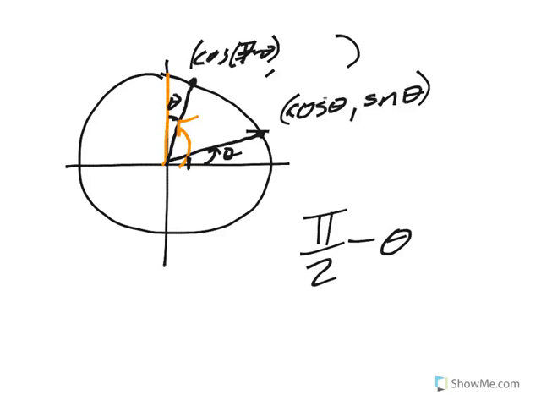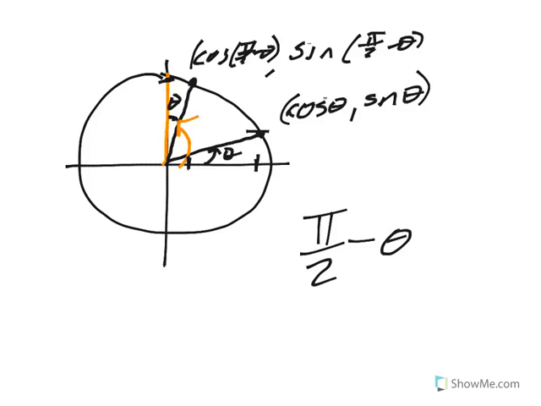And similarly, let me move this over. I didn't give myself enough space. Similarly, the sine of pi halves minus theta, which is the y-coordinate here, is just about the same as the x-coordinate, the cosine, for theta.